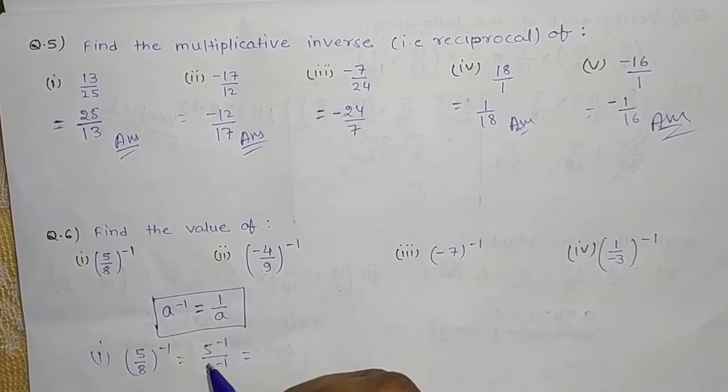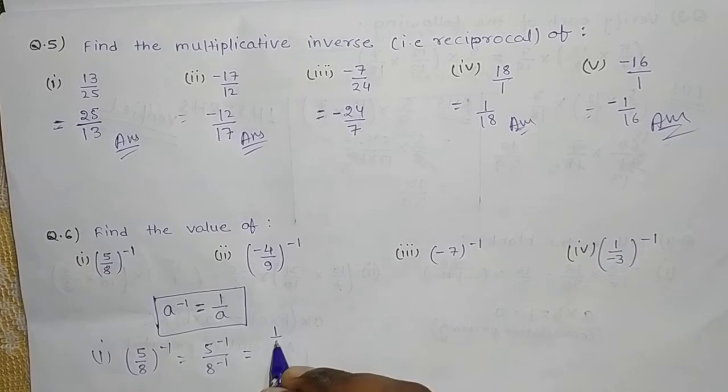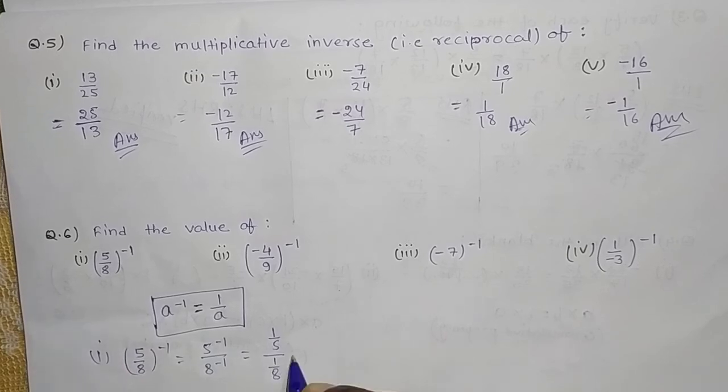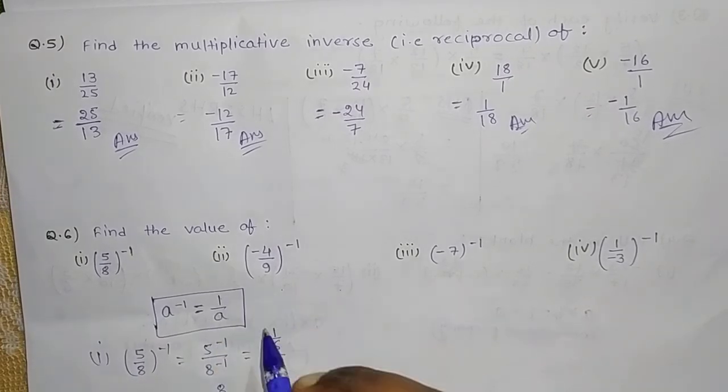Now if we want to remove this power minus 1, we have to just reciprocal this number. So 5 to the power minus 1, here we can write 1 upon 5 divided by 1 upon 8. Now this is 1 upon 5, 1 by 8, that becomes 8 upon 5. Now this is the answer. It's very simple. Now question number 2.